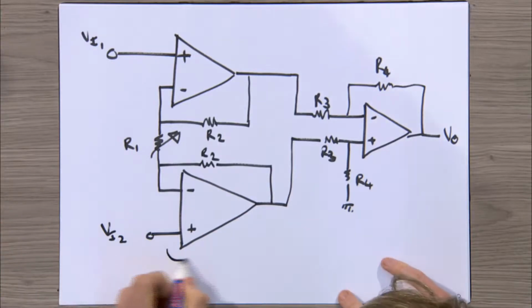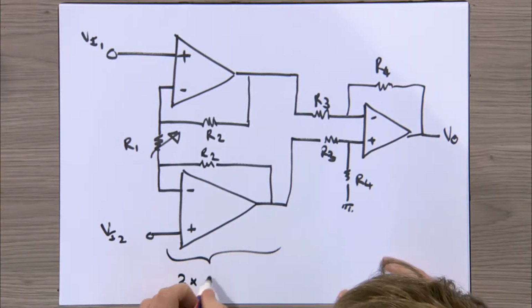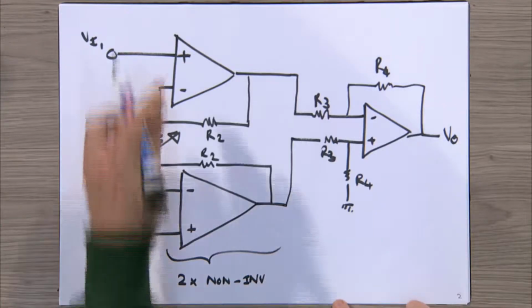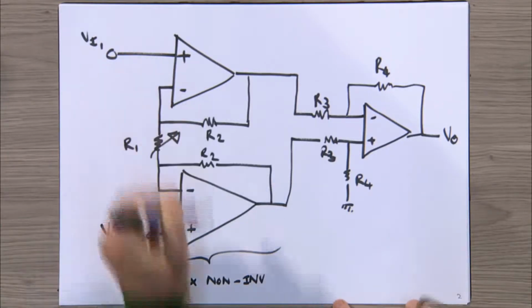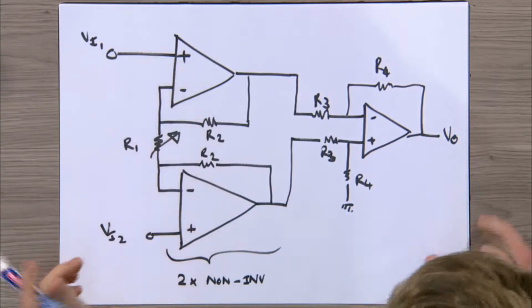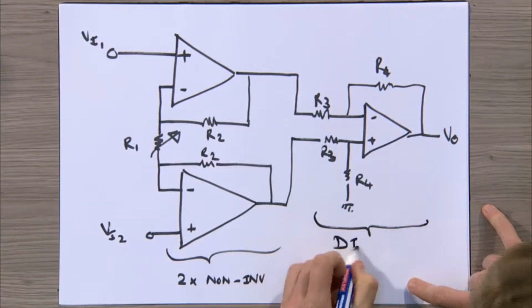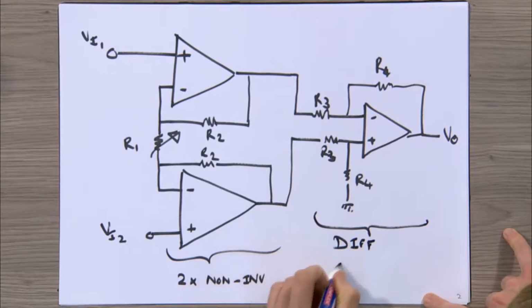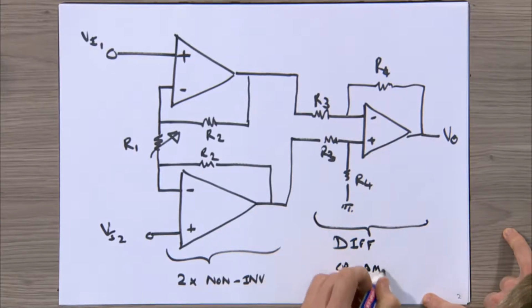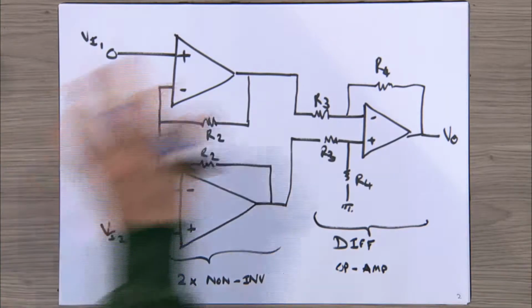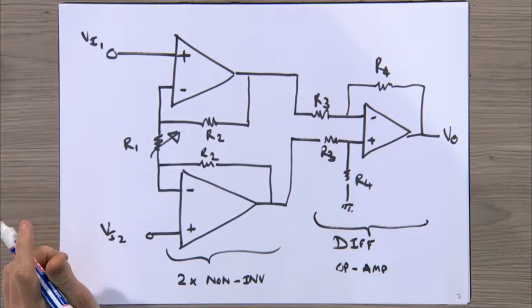Okay, so this part is just 2 times non-inverting, both familiar circuits to you, and this part is the difference op-amp that you already know. So the instrumentation op-amp is the combination of all of these.